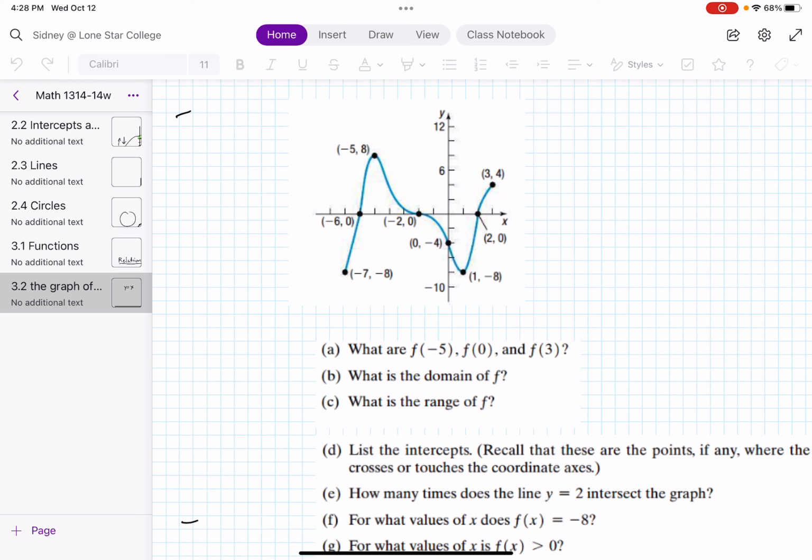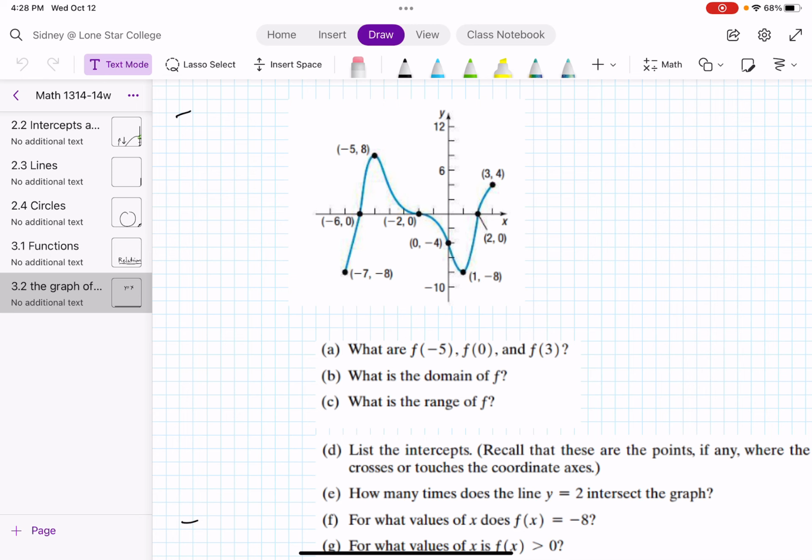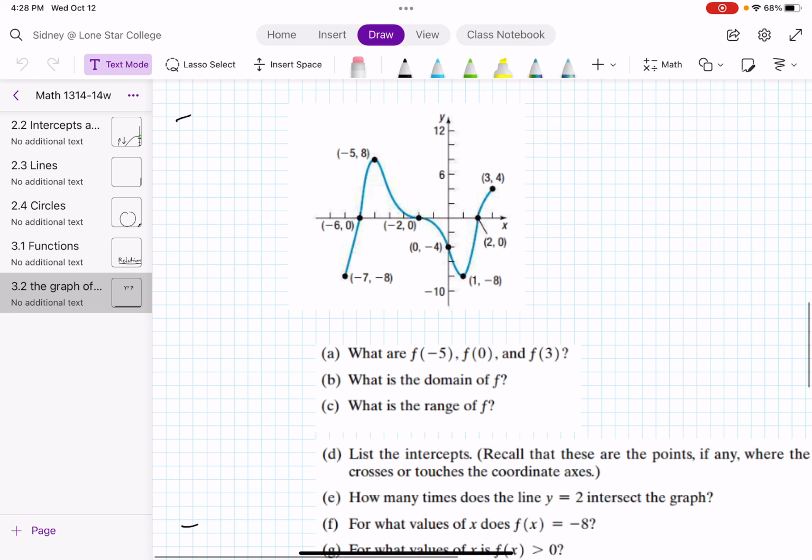And so just to refresh your memory, when we see f of a number, like in the case of f of -5 right here, that is asking us for the x value -5, what does this function give us? As in, what is the output when we look at the function when x equals -5.